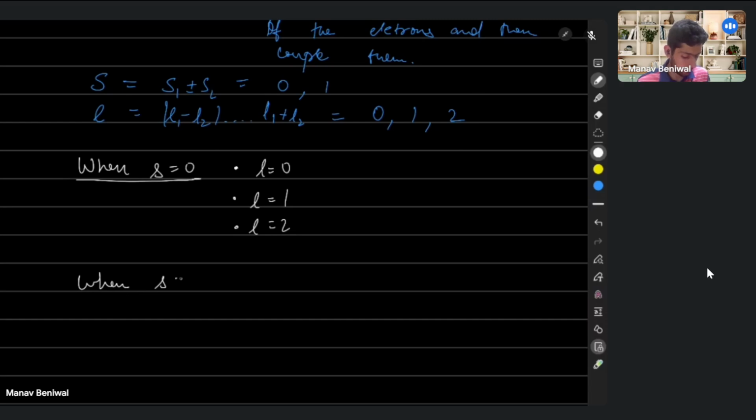Then when S is 1, we will again have 3 cases: L is 0, L is 1, and L is 2.